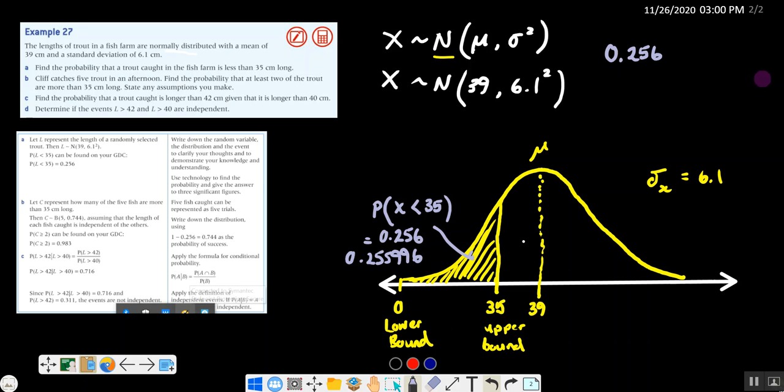So the chance of getting a fish less than 35 is 0.256. Could you give me it in a different way? Yes. 25.6%. As a fraction? A little bit more than 1/4, yeah.